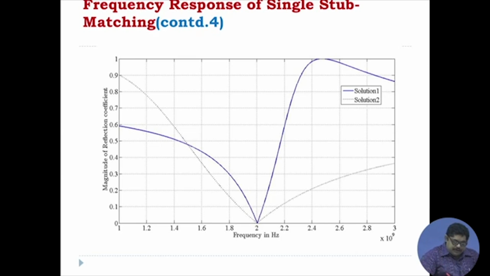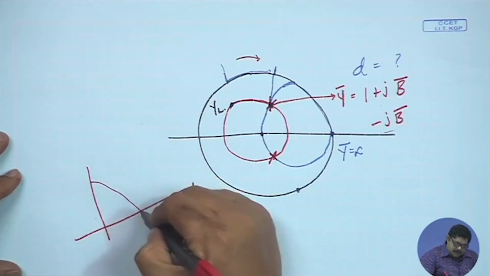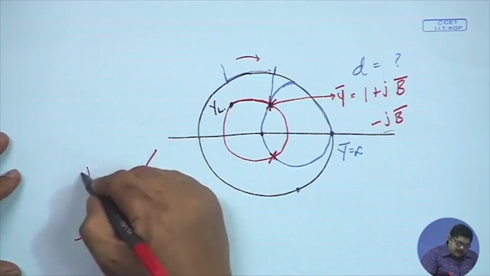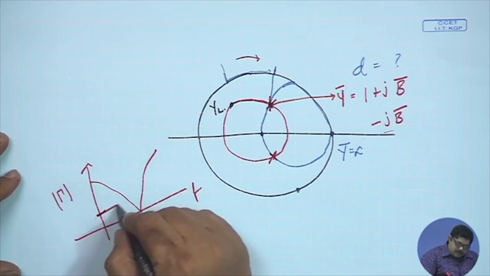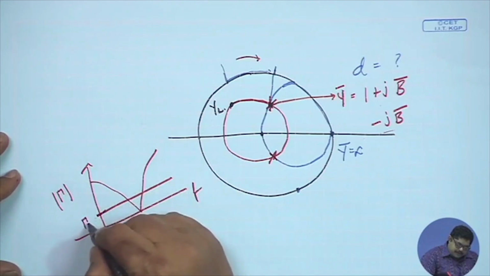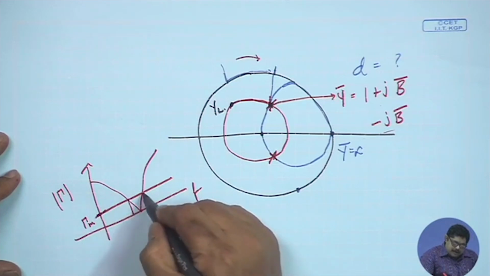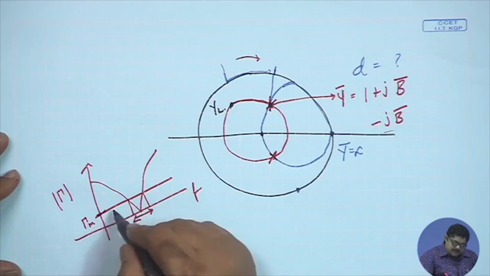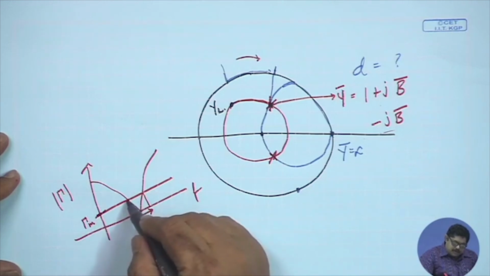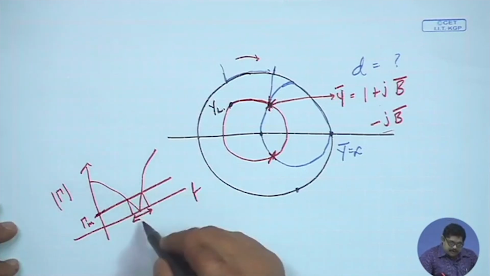Suppose this is your frequency response, the graph is like this, and this is your reflection coefficient magnitude. You can fix that this is my maximum. So my usable bandwidth, for which the match is valid, means the reflection coefficient is not going beyond this, that is, power loss is not beyond a certain level.